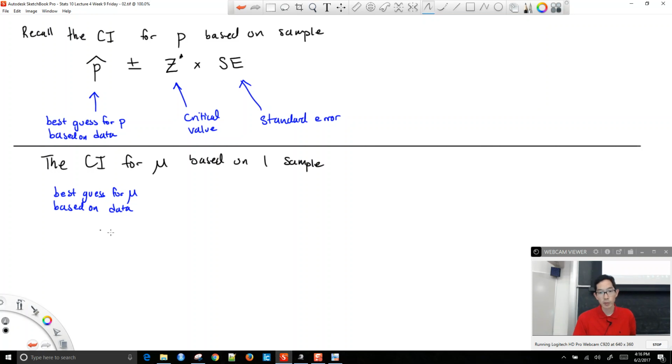X bar, right? It's the sample mean. Mu hat is a reasonable answer, except if you say mu hat, you're probably talking about the sample mean, and in that case it is X bar. So that's going to go right in the middle. Then we go plus or minus, and then we have a critical value. Now that we're dealing with the t distribution, this is going to be the critical value t star, and we would multiply this by SE, the standard error.